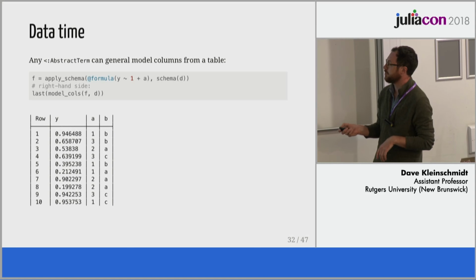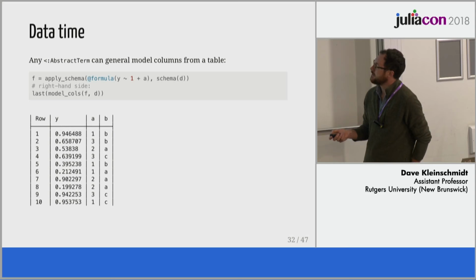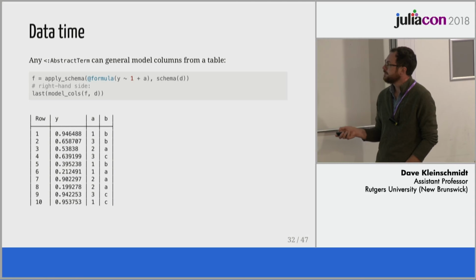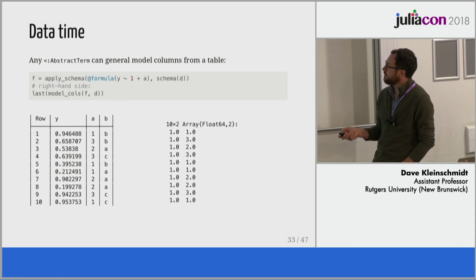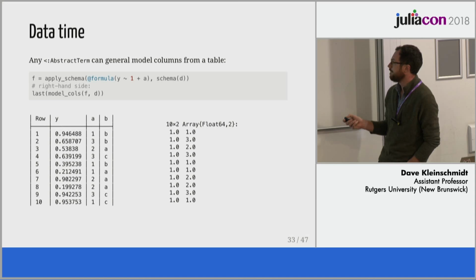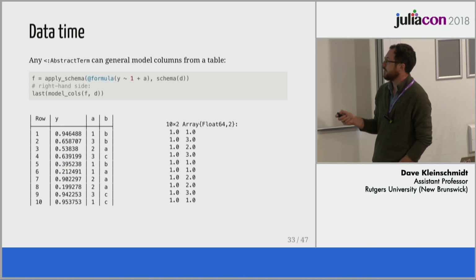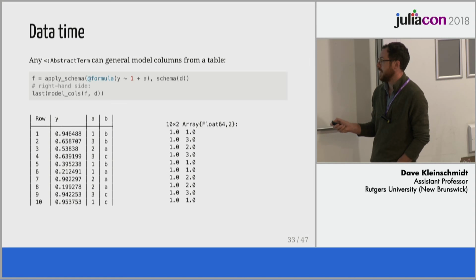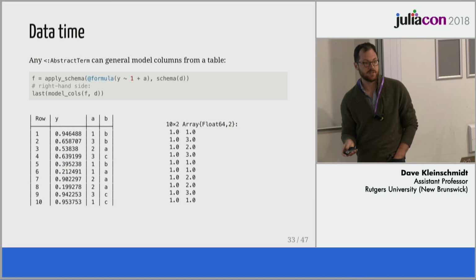I've just pretty printed the named tuple of columns, and this is what happens if we generate model columns from this formula according to that data. As you can see, it's generated one column that's a constant of 1s based on the intercept term, and then it's just pulled out the A column from here and turned it into floats. So now we have a float matrix.